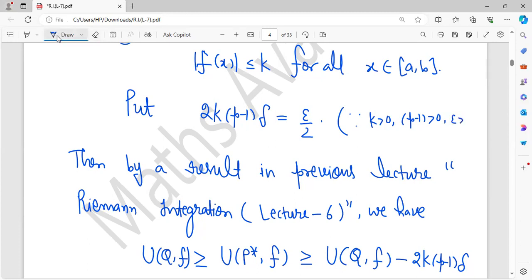So this implies delta is also greater than 0.